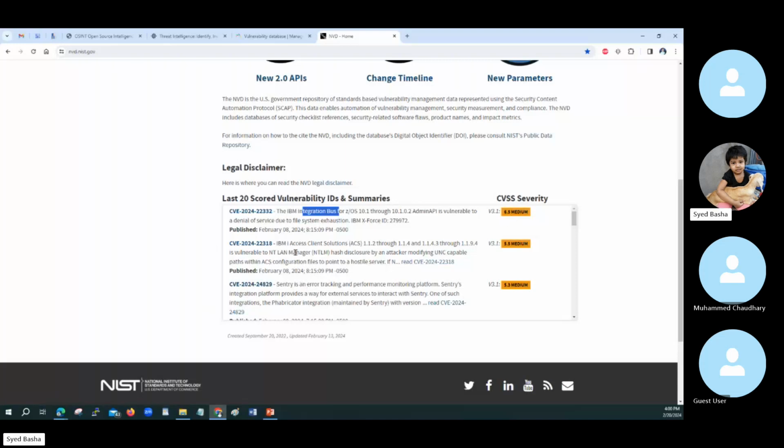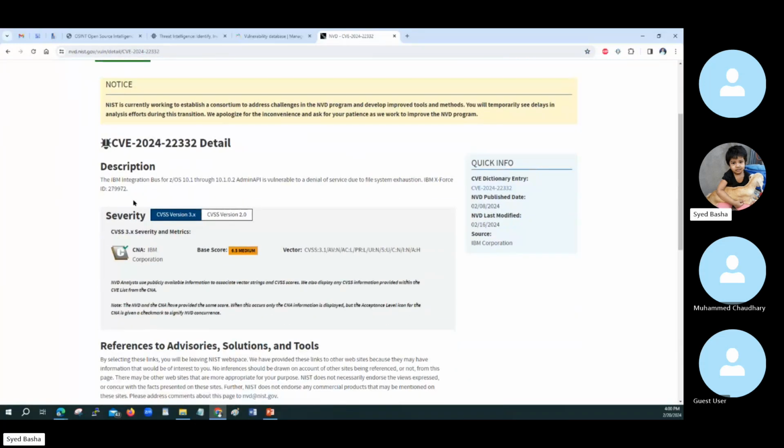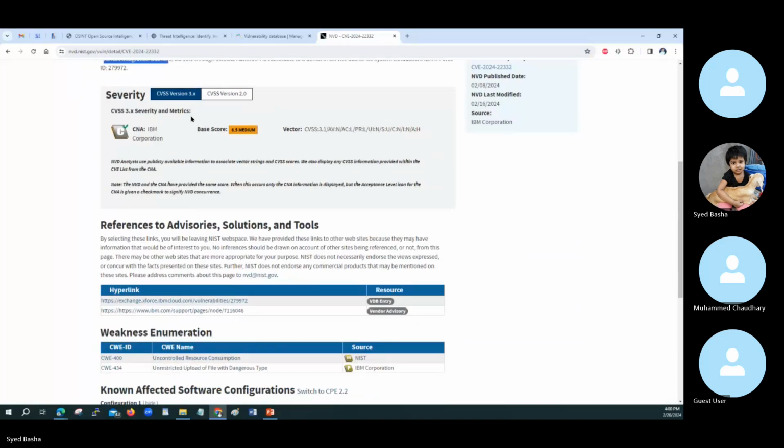Whoever has this IBM Integration Bus should go here. If you have IBM Integration Bus in your company, you should obviously look into it, because there is a score of 6.5, medium severity. So you should be able to fix it.